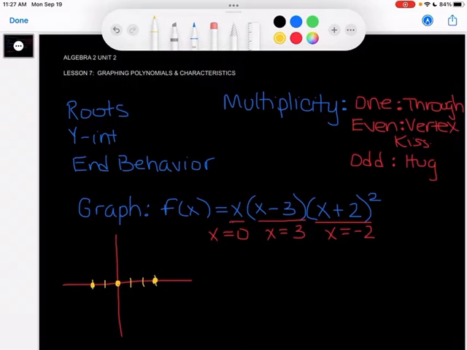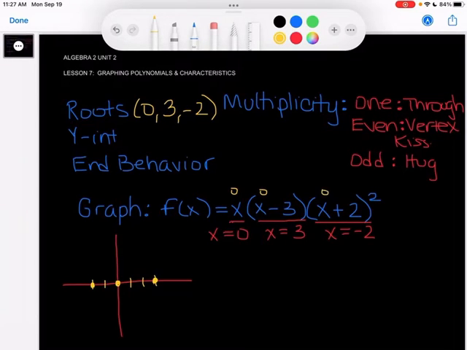In this example, let's say it doesn't give us the y-intercept, but it's easy to find. We found the roots again at 0, 3, and negative 2. To find the y-intercept, you simply plug 0 in to the function for the x. So I'm going to plug 0 in everywhere I see an x.